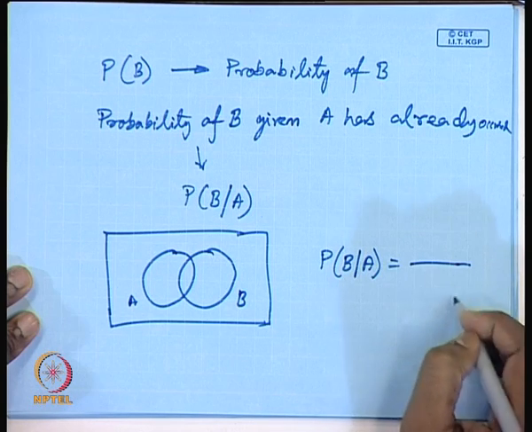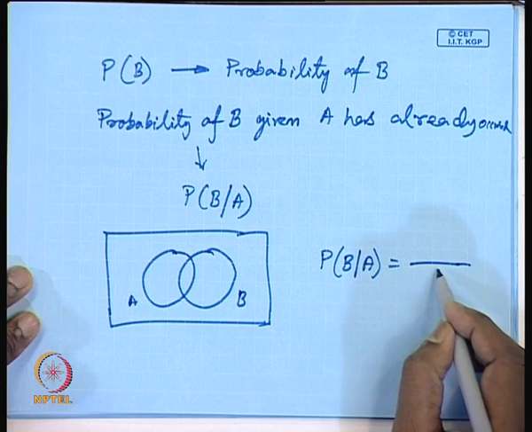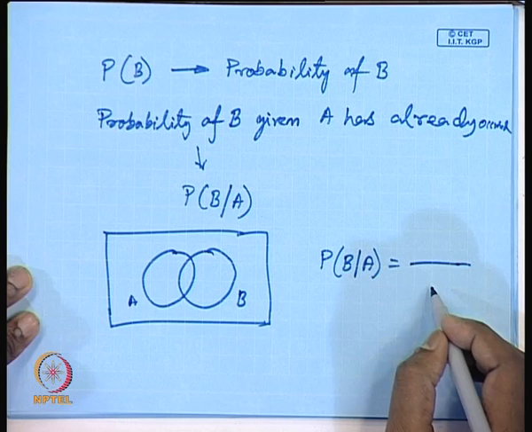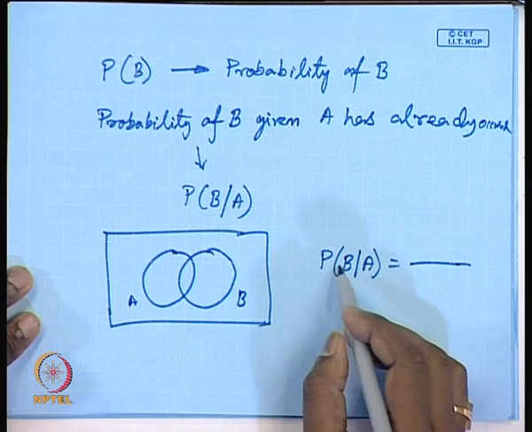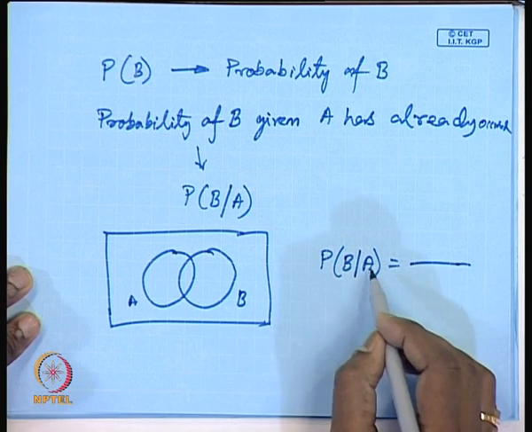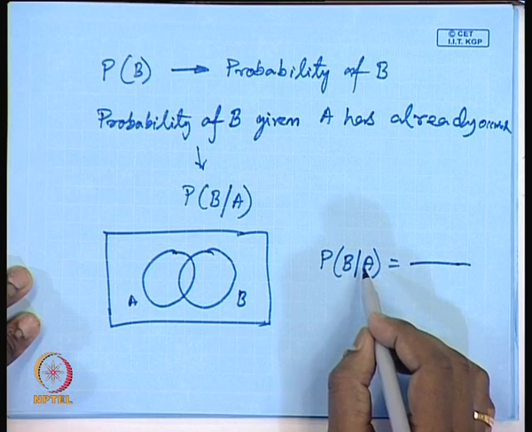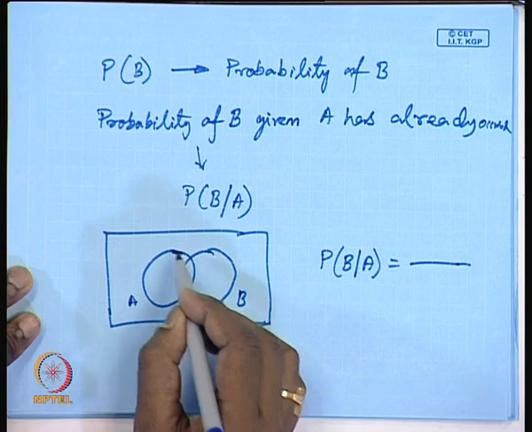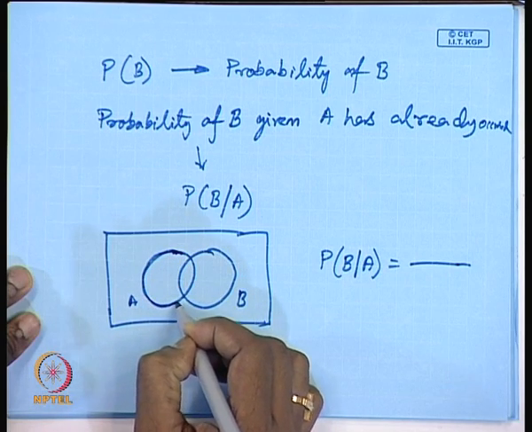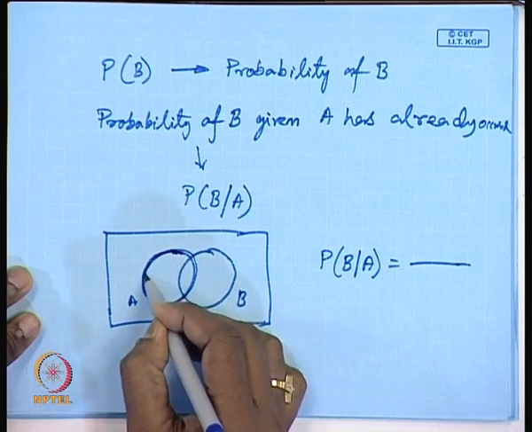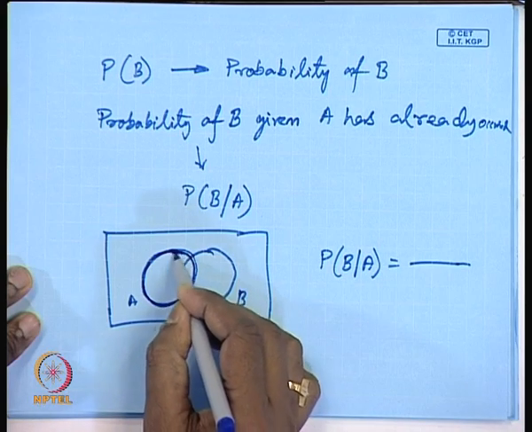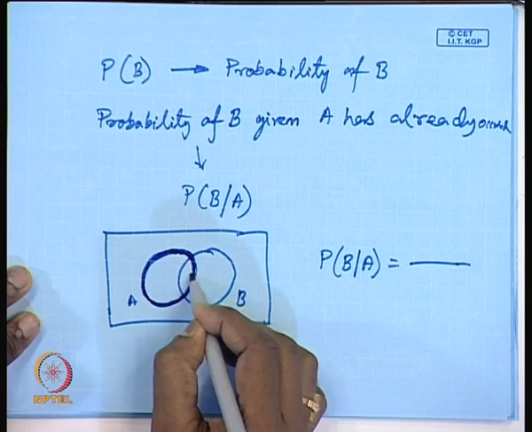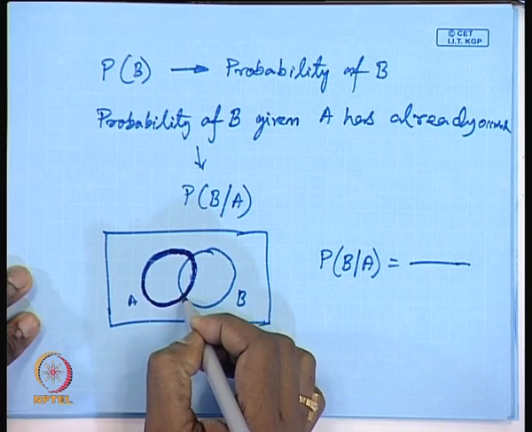In the previous classes, we discussed that the denominator should be the total possible cases. Here the possible case is that given A has already occurred. So, if A has already occurred, I should ensure that the outcome of the experiment is certainly within this region, corresponding to this particular area of the Venn diagram.